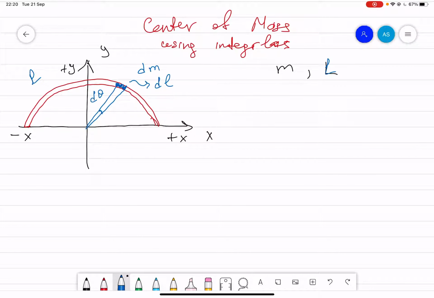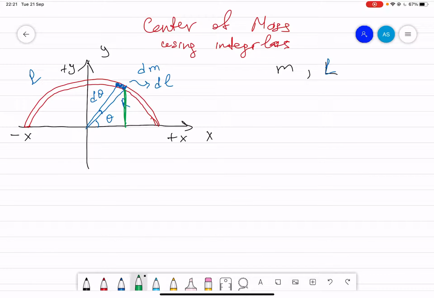Then we have the radius of the semicircle, so let's call it r, and this very small d theta is at any theta. Then we have this length, which is y.